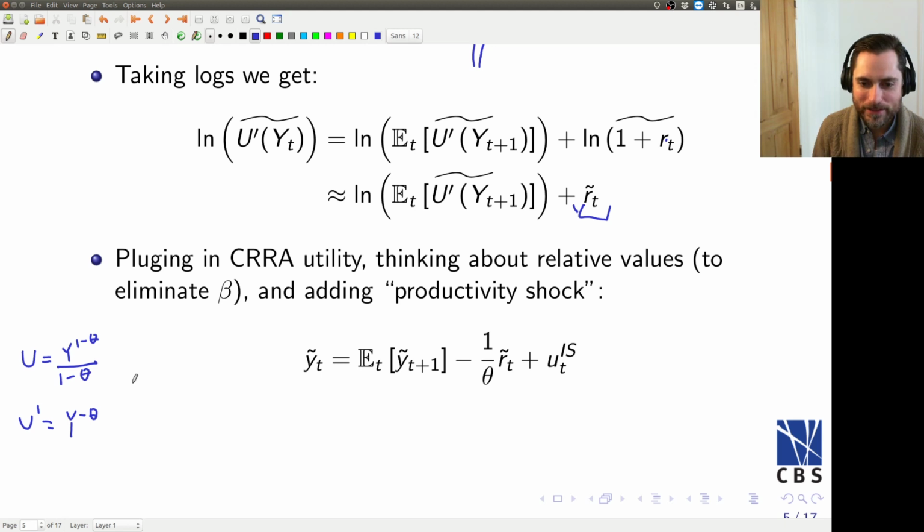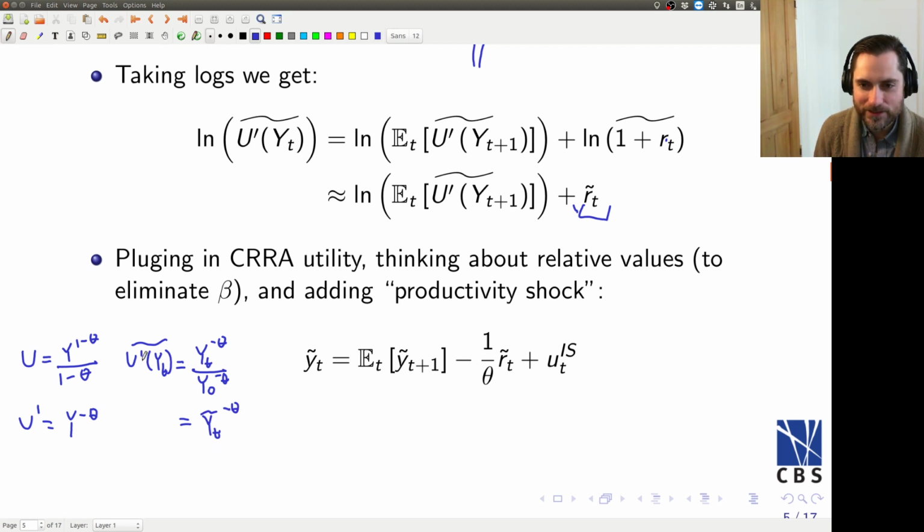So u prime of y_t tilde is equal to y_t^(-theta) divided by y_0^(-theta), which is just equal to y_t divided by y_0, let's call that y_t tilde, to the power negative theta.